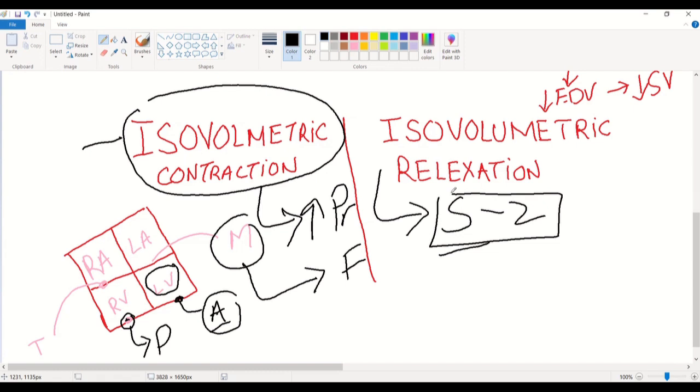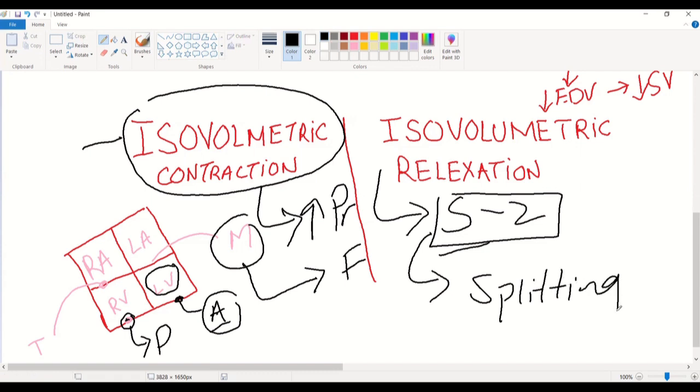So we discussed why S2 happens, what the mechanism of S2 is, what the mechanism of S1 is, and in which phase of the cardiac cycle this takes place. Does anybody have a question regarding S1 and S2? No. Okay.